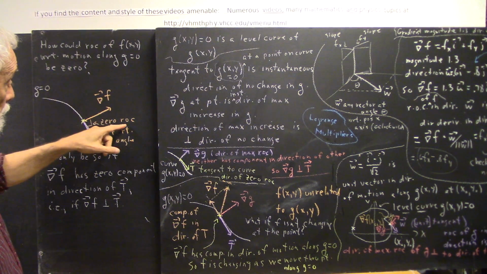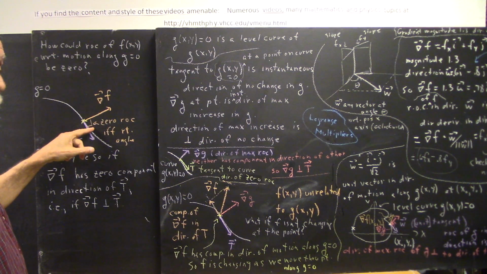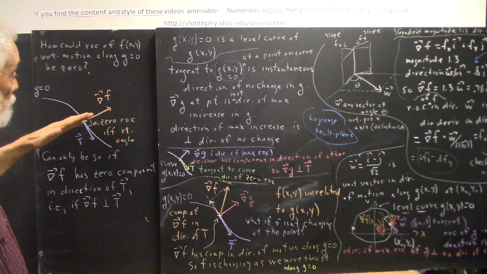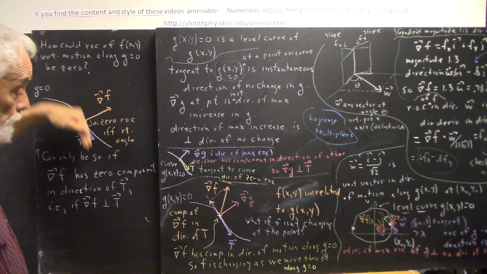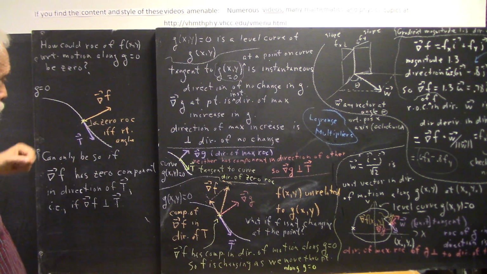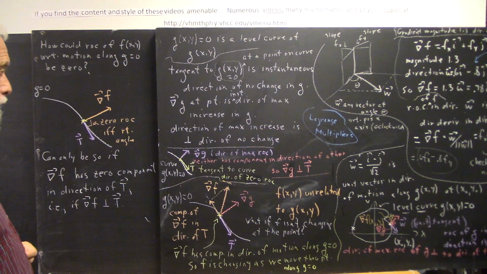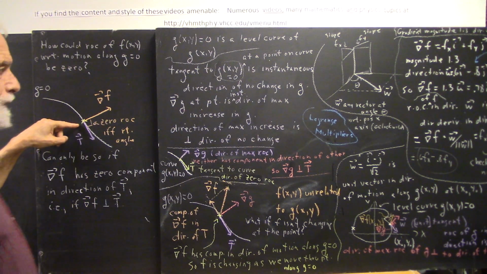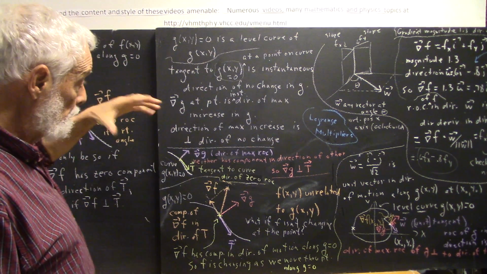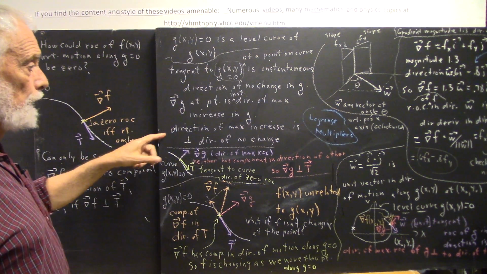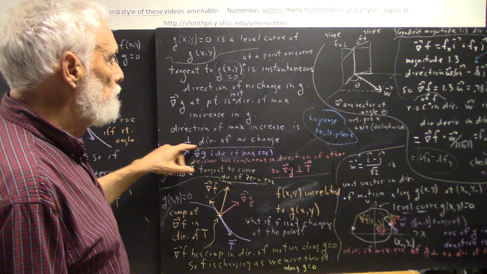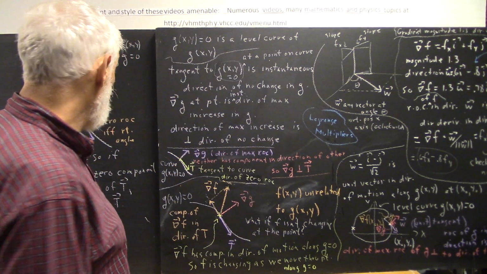We have 0 rate of change if and only if this is a right angle, because this vector has no component in the direction of t. There's therefore no rate of change in the direction of t. Now, this just comes back to the simpler statement I made here, but we wanted to see why it's true, that the direction of maximum increase is perpendicular to the direction of no change.